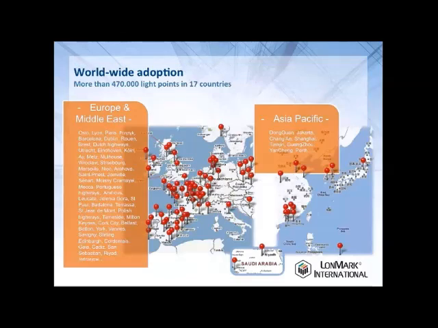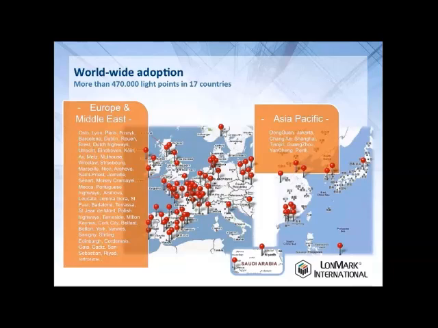This solution, the LonMark solution, again based on plenty of different manufacturers, has been adopted by a lot of cities and municipalities in Europe, Middle East, Asia Pacific, a little bit also in South America. So you see here some of the cities who have adopted it.